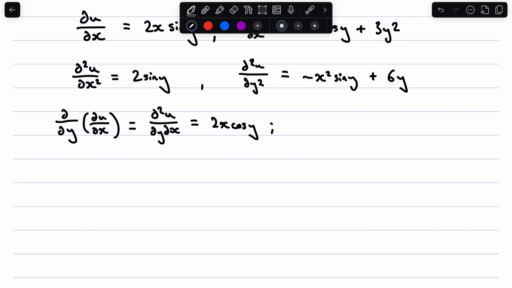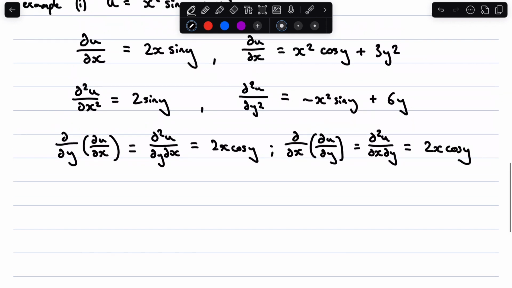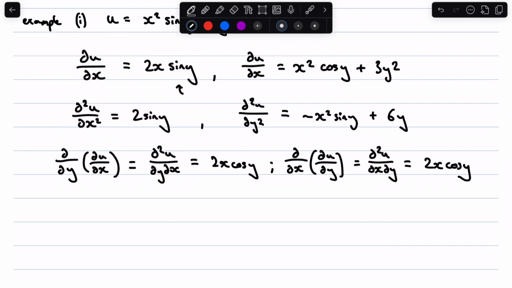And then similarly, if we do d by dx of du by dy, and we have d squared u by dx dy, that's also going to equal 2x cos y. In the first example, we're just differentiating 2x sine y, and we get 2x cos y. And then in the second one, we're now going to be differentiating this x squared with our cos y staying constant like that. And this 3y squared again will be a constant when differentiating with respect to x, so that will go to 0.